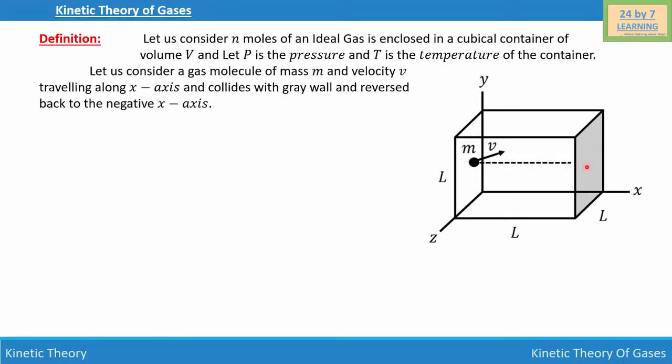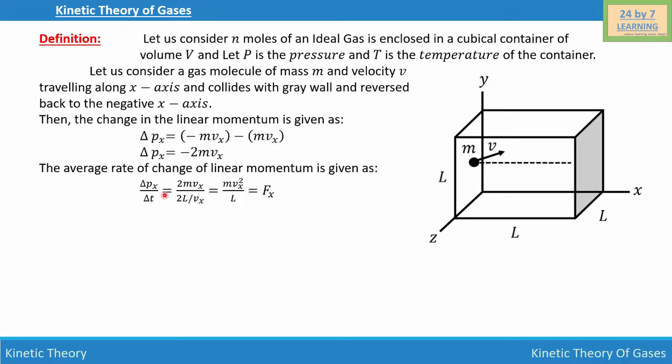Then the change in linear momentum is given as delta px equals negative mvx minus mvx, and if we simplify further, delta px equals negative 2mvx. Now let us consider the average rate of change of linear momentum, delta px over delta t, which equals 2mvx over delta t, where delta t is the time between two collisions.